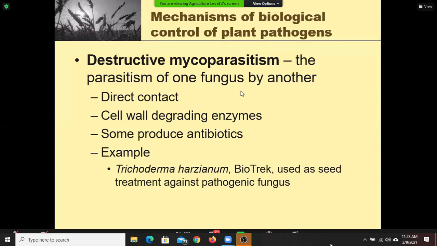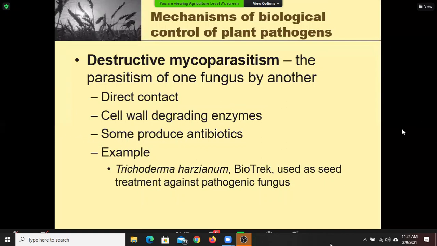Then the beneficial fungus secretes some enzymes, and those are cell-degrading enzymes. For example, cellulase. Cellulose is a carbohydrate, the component of the cell wall, and cellulase is the enzyme secreted by the beneficial fungus. Cellulase can degrade cellulose, the component of the cell wall.